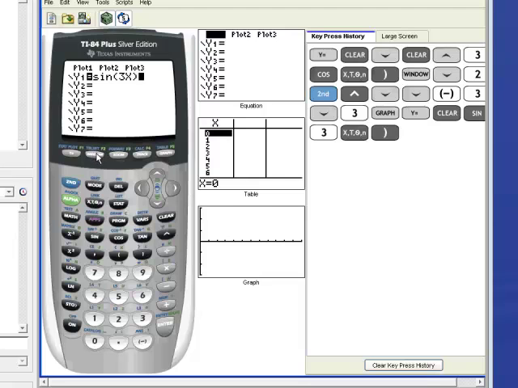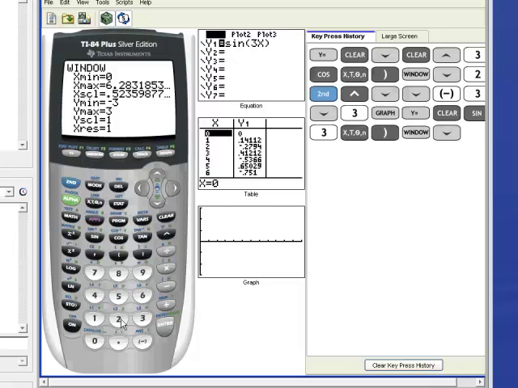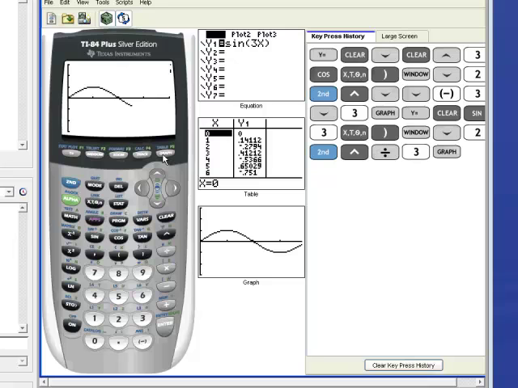And let's see, the window for exactly 1 period, we start at 0, and then we go to 2 pi over 3. We have an amplitude of 1. I can just leave my y values here, -3 and 3, that's fine. And there's the sine that we came up with.